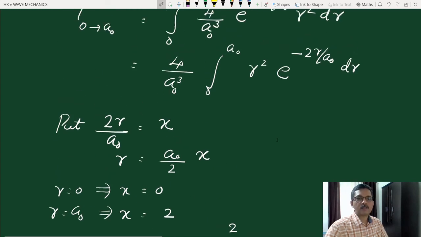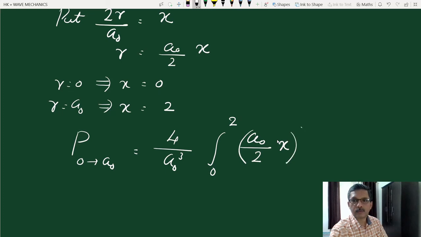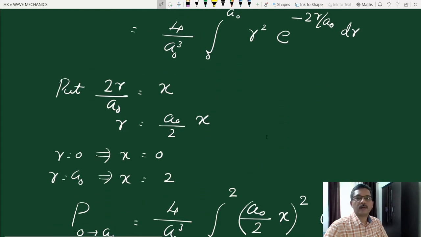Now r square becomes A0 by 2 whole square times x square. So instead of r square, I can substitute A0 by 2 into x square, and e raised to minus x, as 2r by A0 is substituted for x.